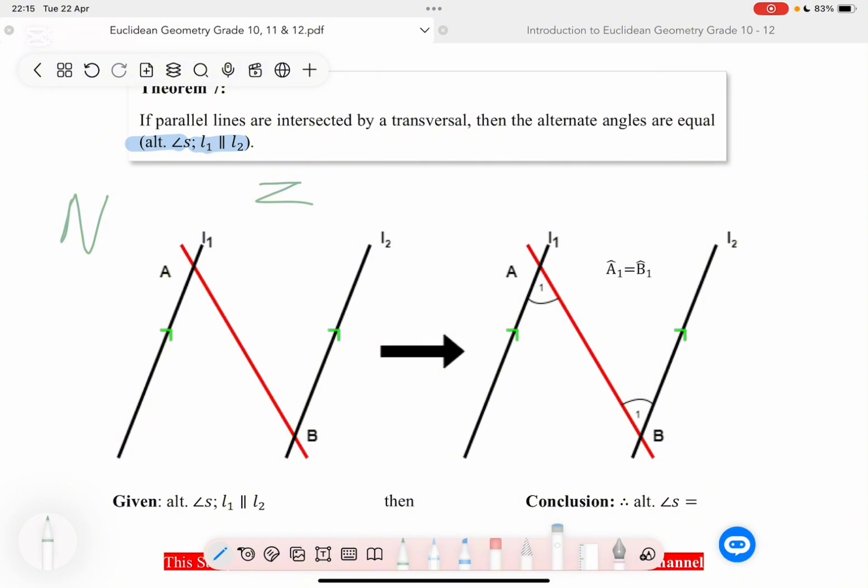We can invert this diagram so that we have this parallel line sitting like that, and we have a transversal there. You should be able to see that Z shape coming out there when you solve these problems. So we are concluding here that the alternate angles are equal.